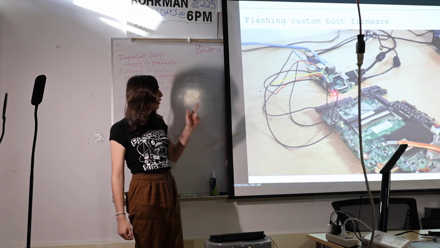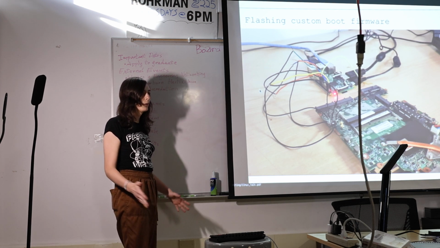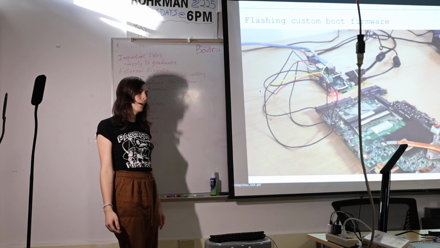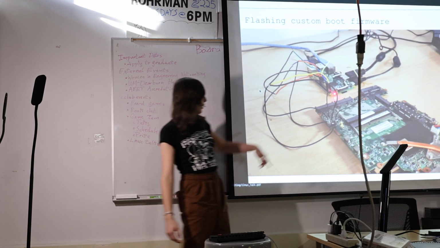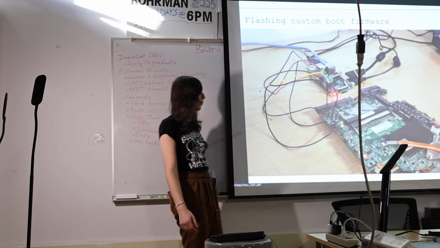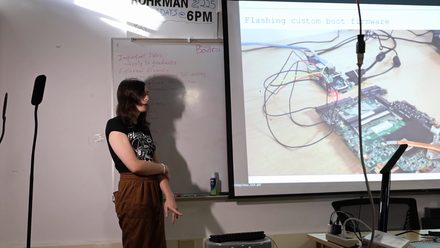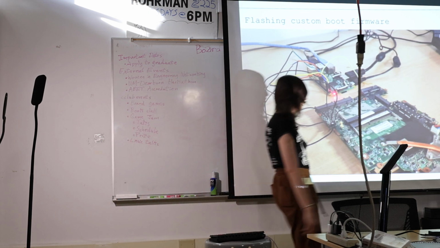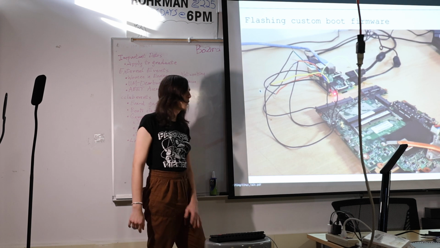You have to write it with an external CPU because Lenovo is mean, and they make it so that the internal CPU doesn't have read and write permissions to that chip. So that's what these wires are doing. You're basically just getting around that limitation. Once you have Libreboot flashed, you are able to write to it with the CPU over here. That's cool, but you need to Libreboot it before you can do that.